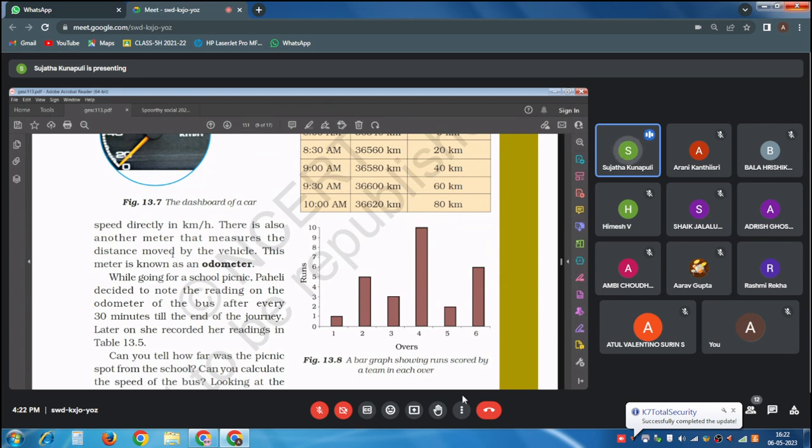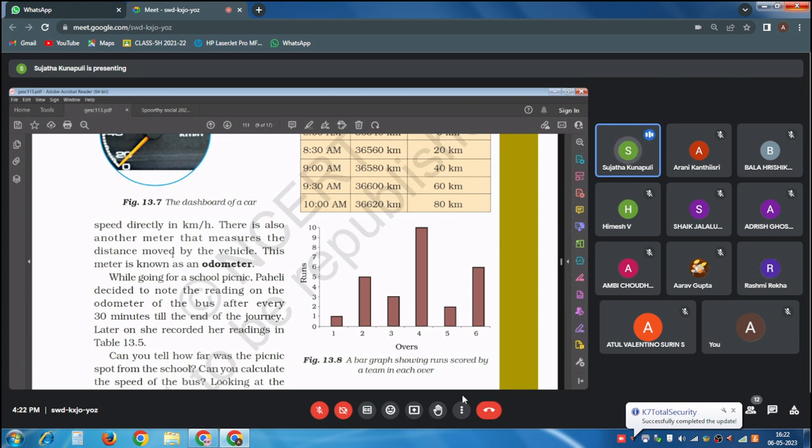If you reset the odometer, we will get the distance we have traveled. Otherwise, one more thing we have to do is find out the reading before starting the car. You have to note it down, and after we reach the destination, that time also we have to note down the reading.